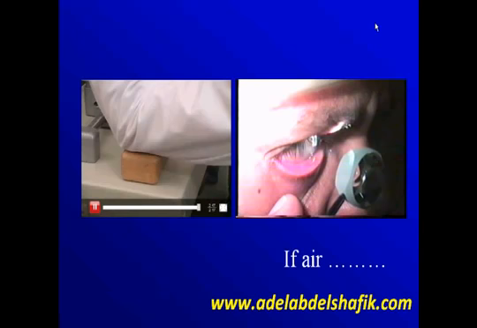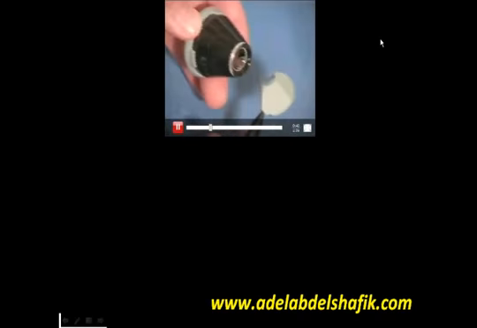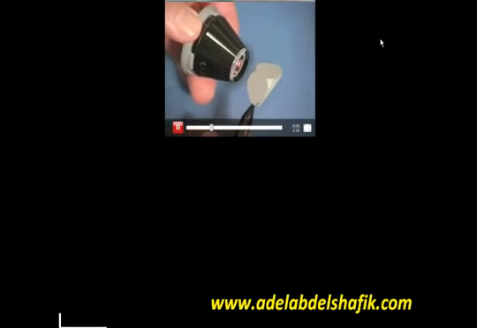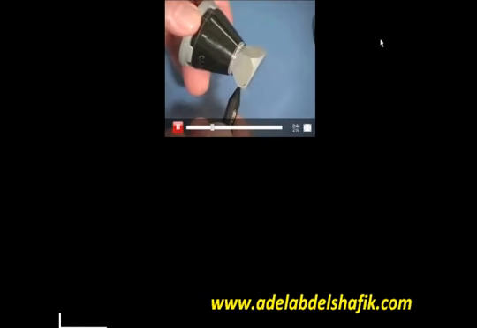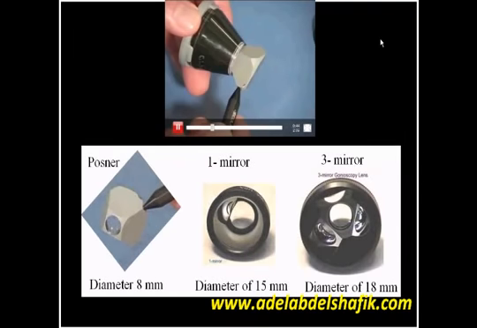If any air comes under this lens, you just rotate the lens a little bit, then the air will be out. This is the difference between the size of the 3-mirror and the Posner. It's much smaller. The Posner lens has a diameter of 8 millimeters only.